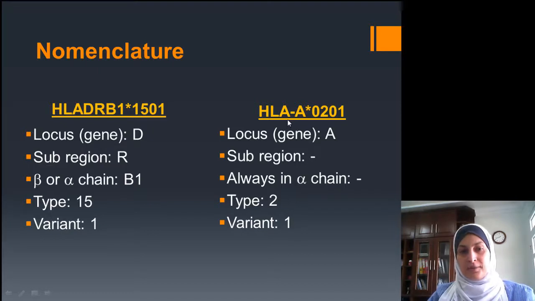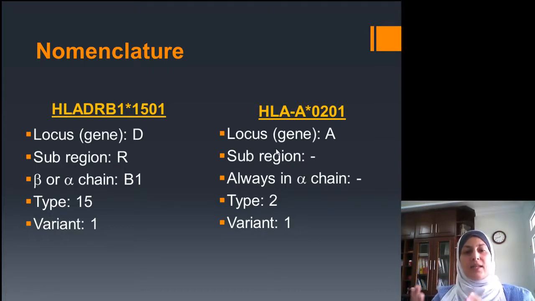For the class 1 HLA, it's a bit easier because we do not have this subregion and we do not have alpha-beta chain. It's only the alpha chain. So when we say HLA-A, it's the gene A, and it's enough to determine the type and the variant. So this is type 2, variant 1. This is how, when you see these numbers, you know what they mean.